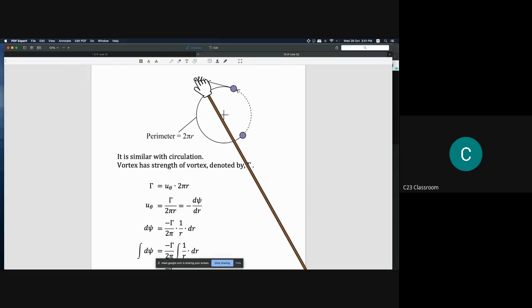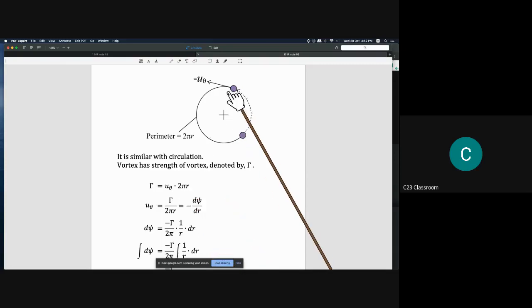For this one, I just neglect the negative sign because we are going to evaluate it by using the idea of circulation. Because it rotates like this, we use the idea of circulation, which is u times the distance traveled by the molecule.